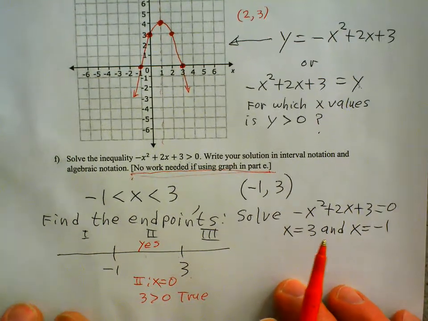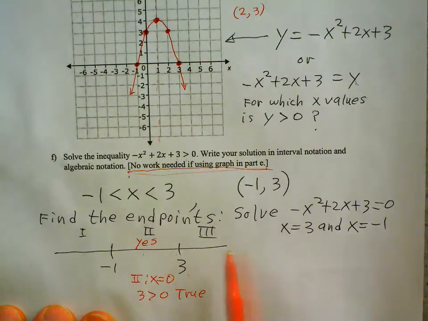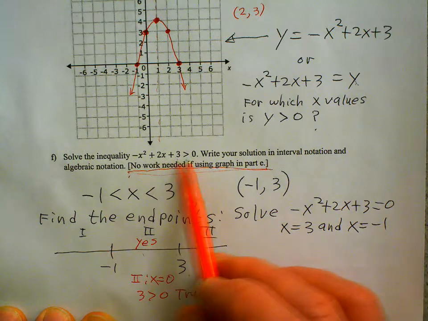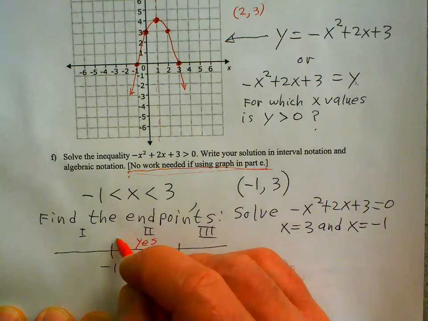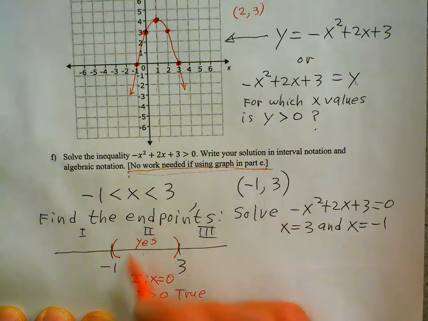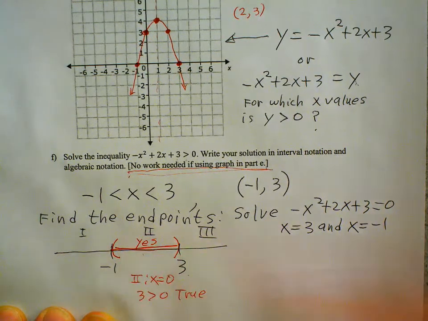And I won't do the rest. I'll just say that if you pick a test point in the first interval, you'll get a false statement. Pick a test point from the third interval, you'll get a false statement. And since the inequality is strictly greater than, the endpoints are excluded. So all of the numbers between -1 and 3 are solutions.